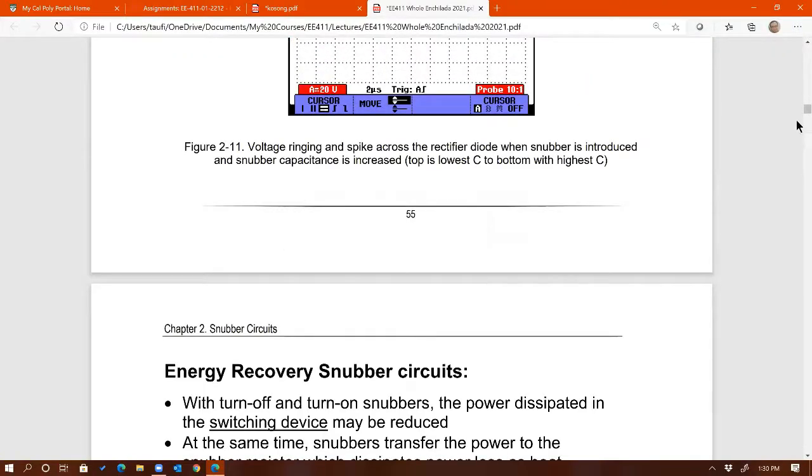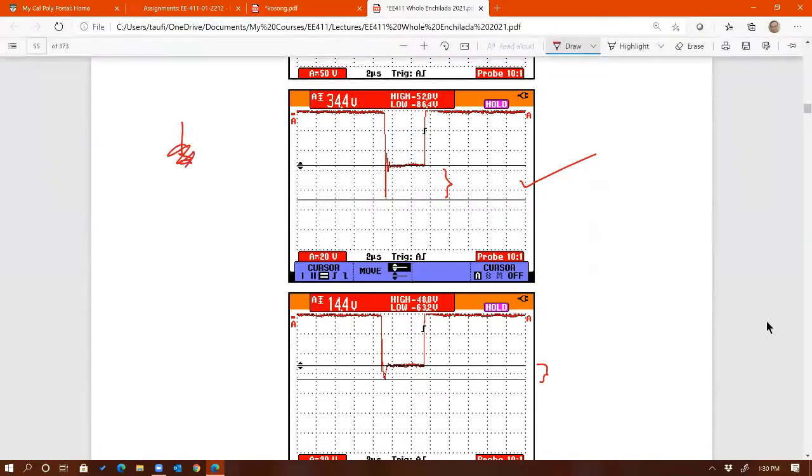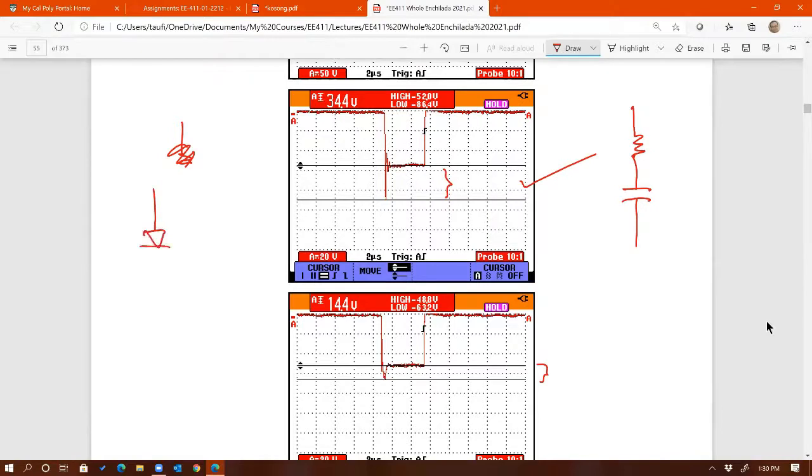So now you know why you see a lot of RCD snubbers being used for isolated converters. Before we adjourn, there is also the RC snubber.